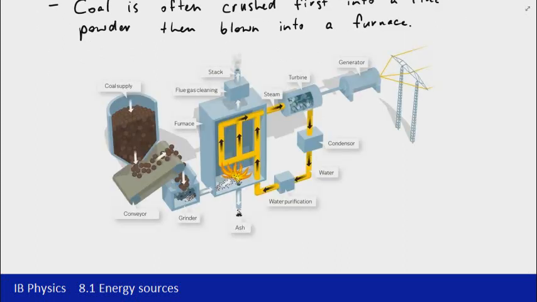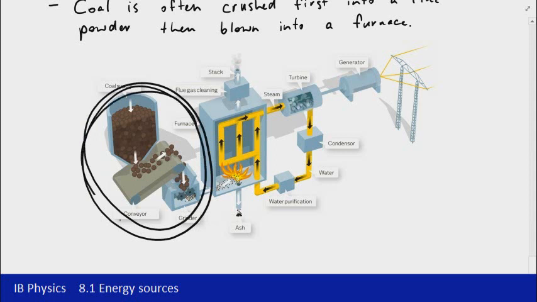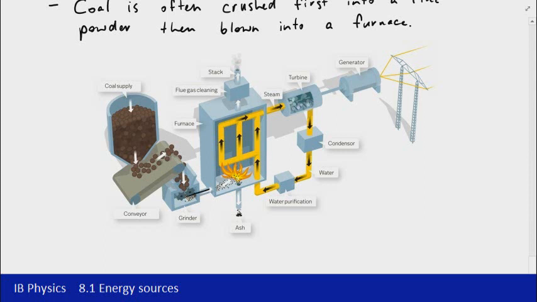So you can see in this diagram we've got this region over here that's where the coal is being supplied and then crushed into the fine powder. Once it has been crushed, it's then blown into the furnace in this section here, where it then is combusted. The thermal energy transfer then goes into the water. So the yellow section here is the flow of water and steam.